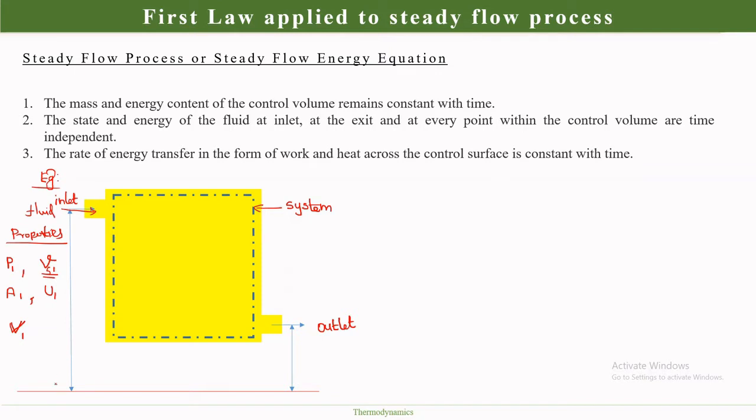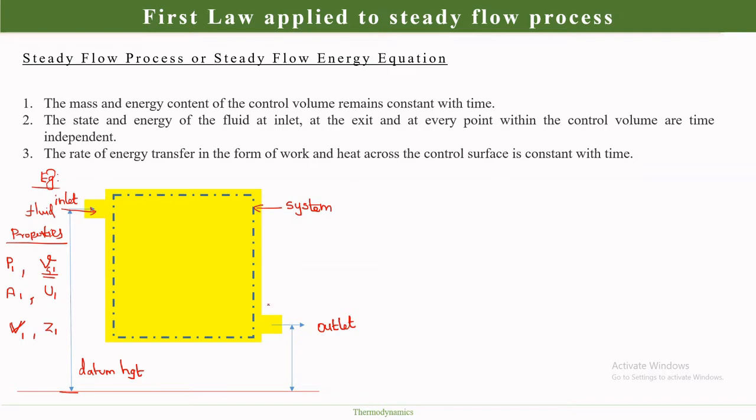The distance between the ground and this point is the datum height. I will write it as Z1.